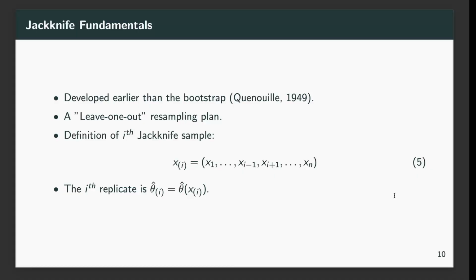So if the Bootstrap uses sampling with replacement, the Jackknife systematically removes one observation at a time. And then the ith replicate is given by theta hat of i, which is given by theta hat of X minus this one particular observation.